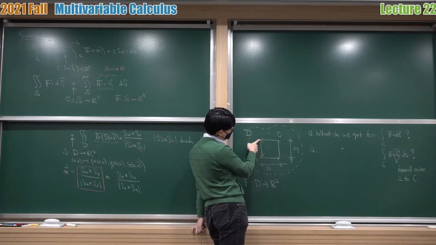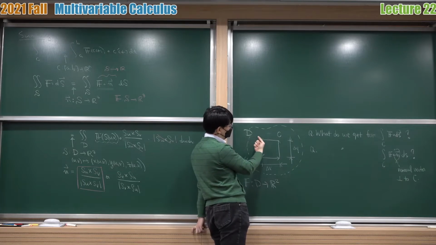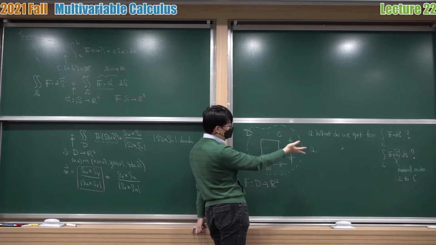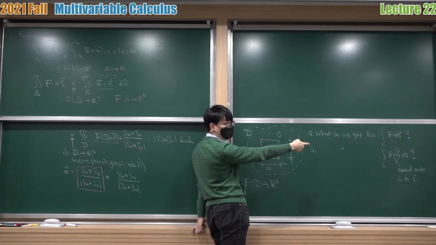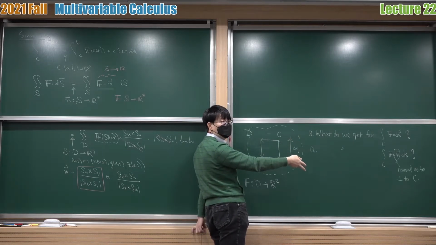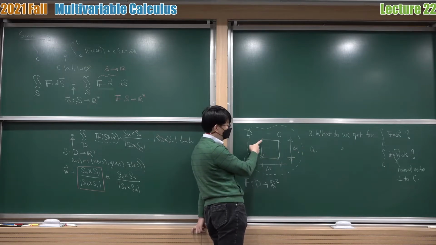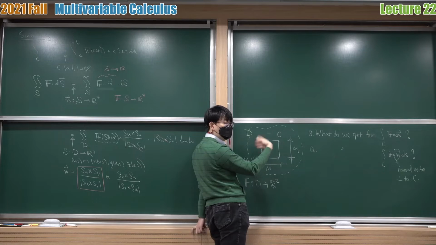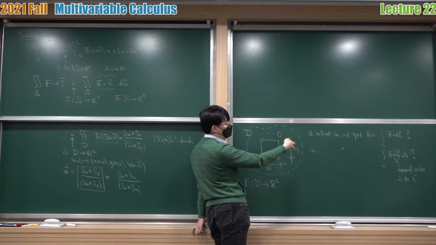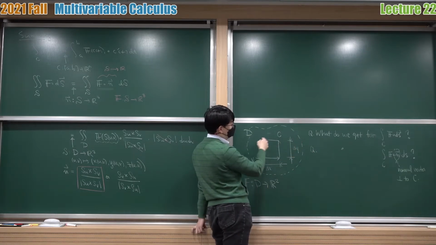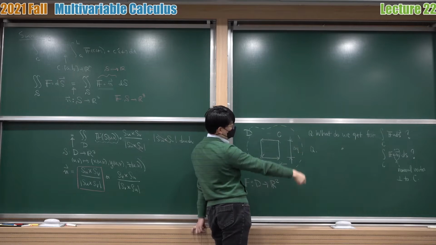And there's a sharp corner here, where I cannot find any legitimate normal direction, but that's okay, because I can simply omit one point out of this integration interval, and that doesn't change the value of integration. So I'm not going to define a normal direction at these four corners. There's no normal direction, and I'm not going to take that point into the integration domain.